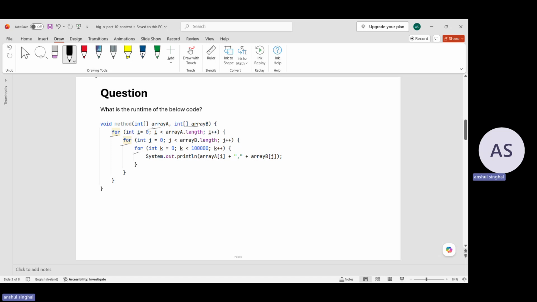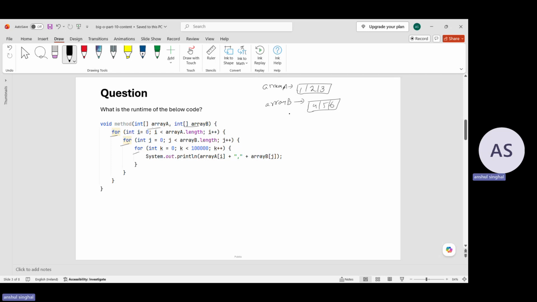So let's say my array A is 1, 2, 3, and I have another array B, which is 4, 5, 6.